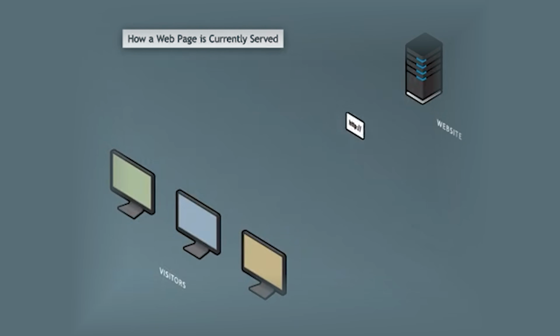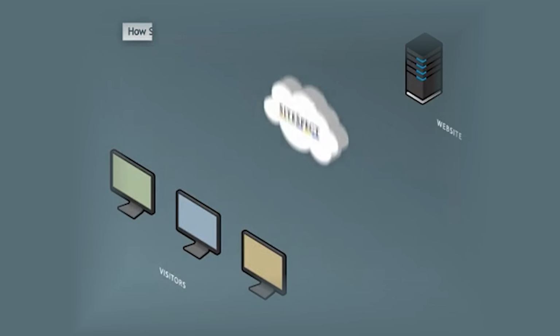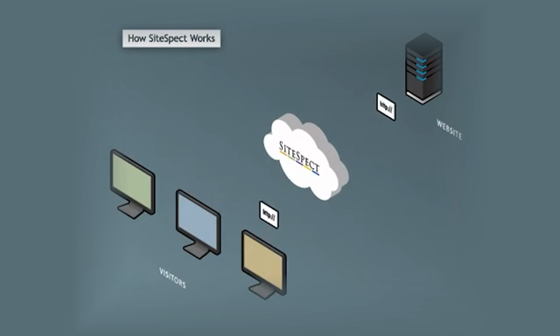SiteSpect, on the other hand, uses a completely different technology compared to the other tools that I've mentioned in this video. They route the traffic through their servers and they use their servers to serve the different variations in A/B test. The setup with SiteSpect is rather complex, and that's the reason we've never used it on any of our projects. These tools might work for your specific situation, so make sure that you check them out as well.